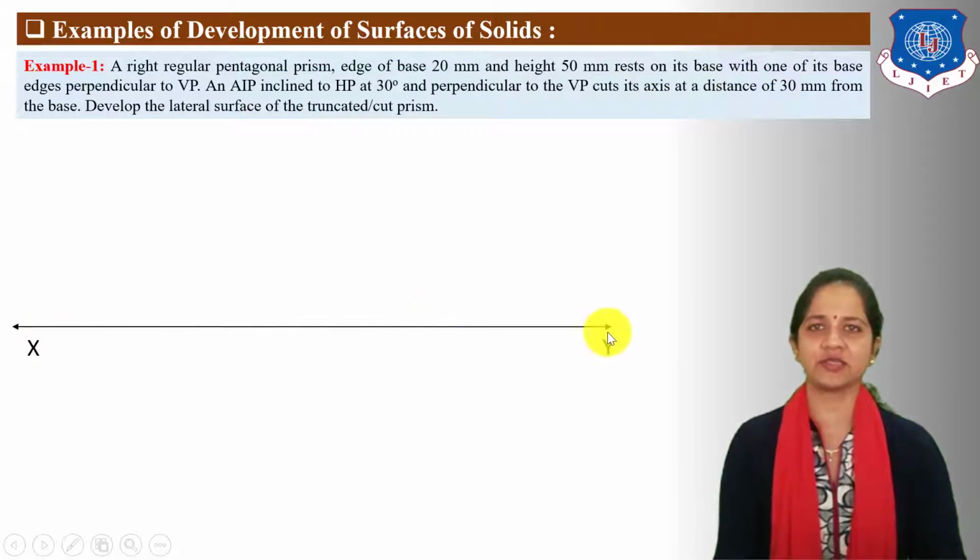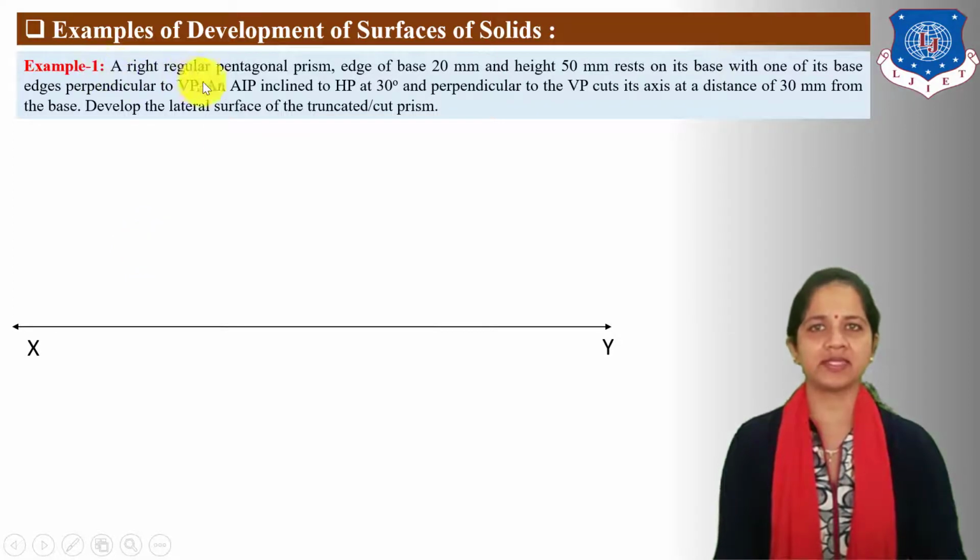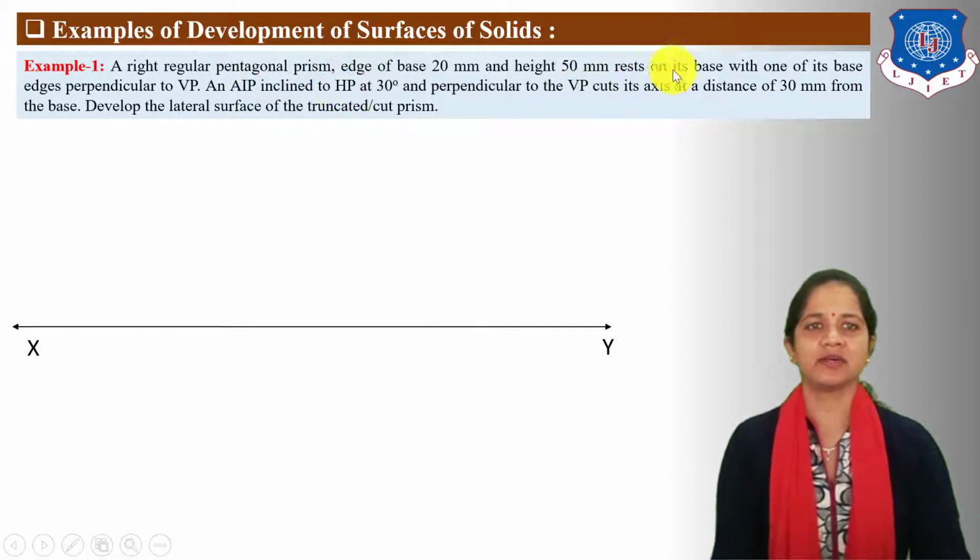First draw the XY line. Here apply the first angle projection method. Below the XY line draw the top view and above the XY line draw the front view. As per the given resting condition, the pentagonal prism rests on its base with one of its base edges perpendicular to VP.